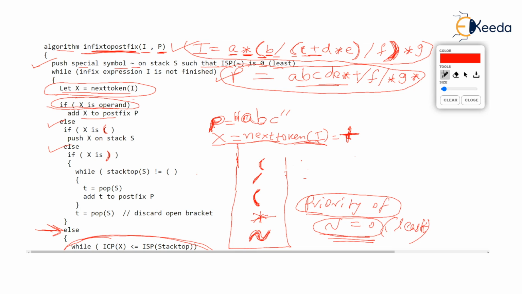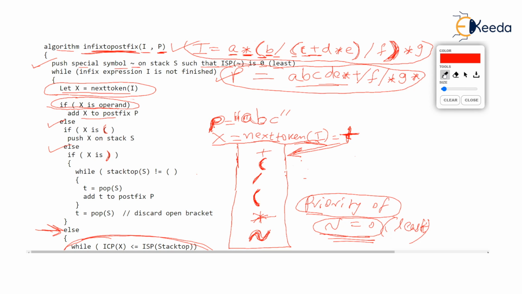Check the topmost symbol. It is open bracket. Now the incoming plus is really having higher priority than open bracket, because once open bracket is in the stack, it has very low priority. So anyone can go on top of open bracket. So plus goes on top of open bracket. Good.